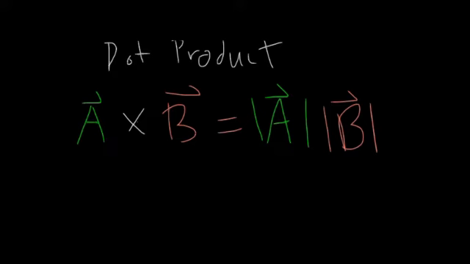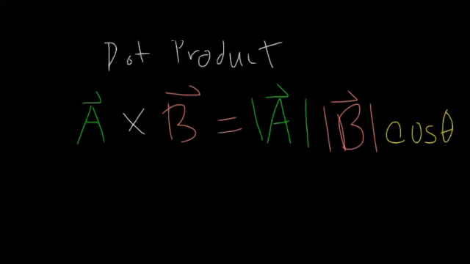Cosine theta should be yellow. That is one way to represent what a dot product is.